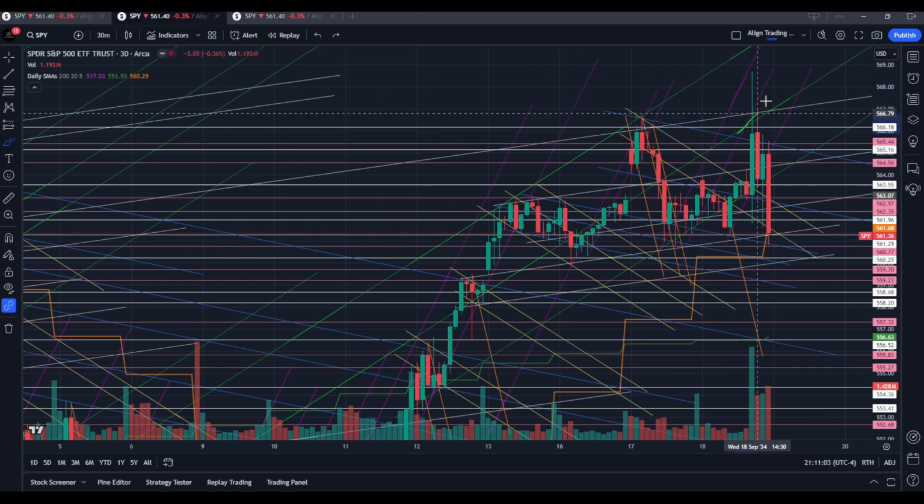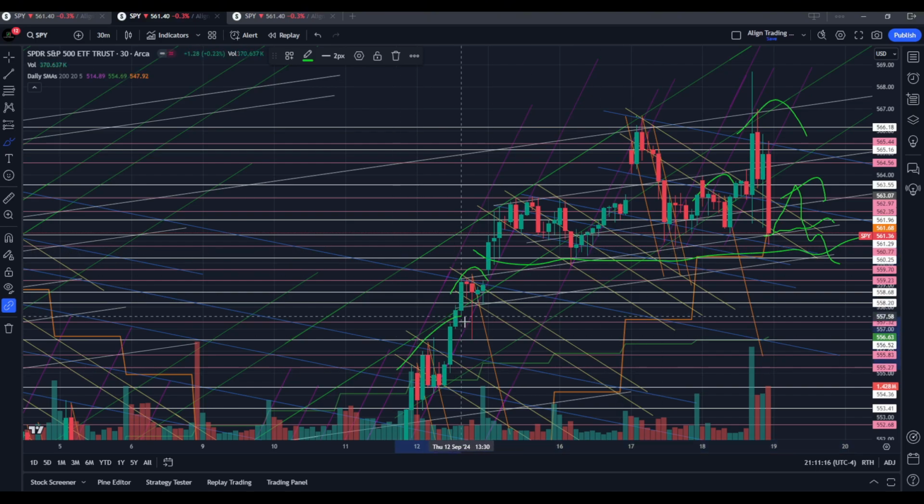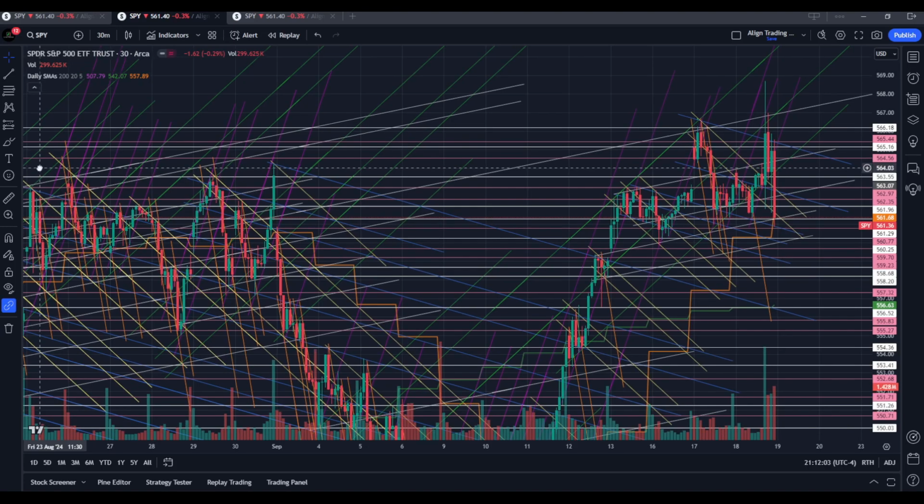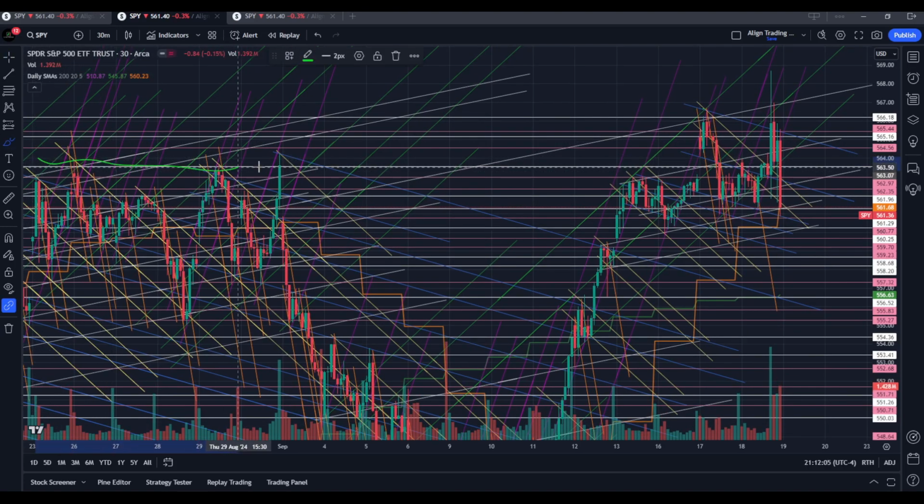Otherwise, you can be looking for something like that to form, right, if we have this bounce, but we need to be below that moving average if we are to head down and start grabbing this liquidity below that 560 right here. So zooming out some with these highs that we have right here, you can see that we are trying to form some sort of liquidity off of them.